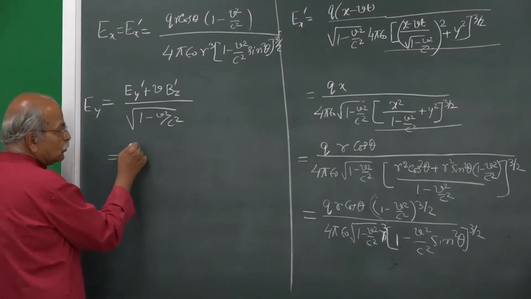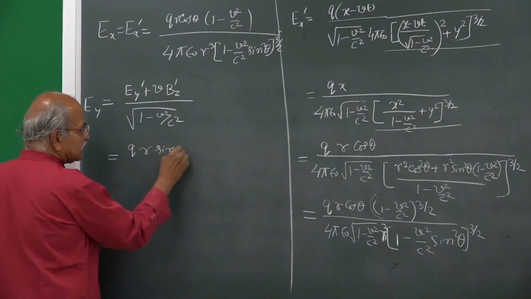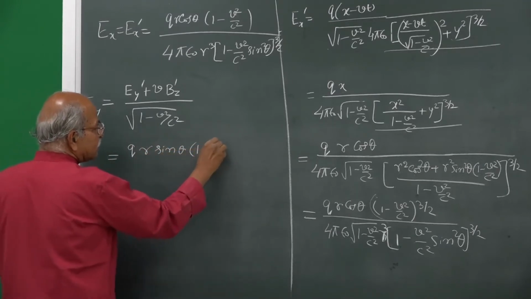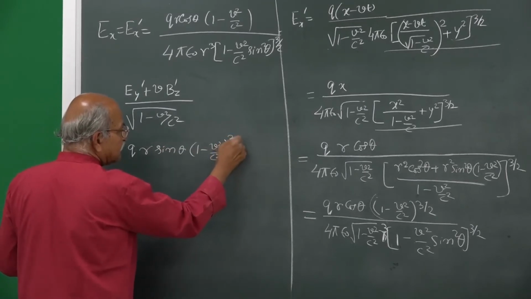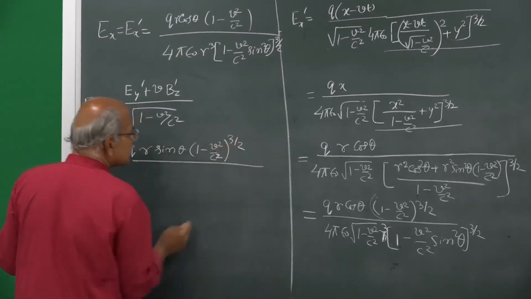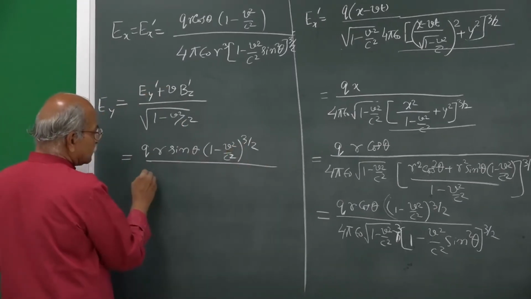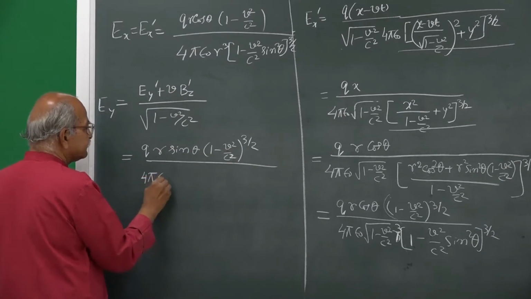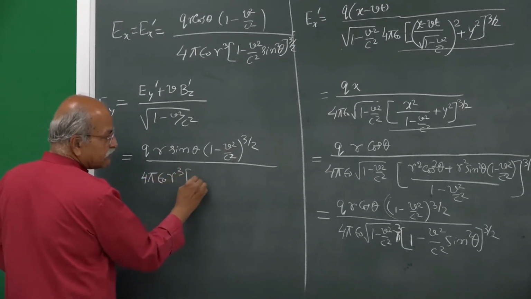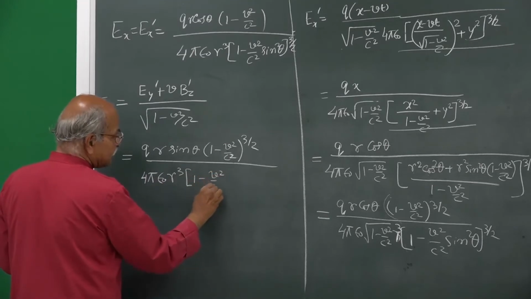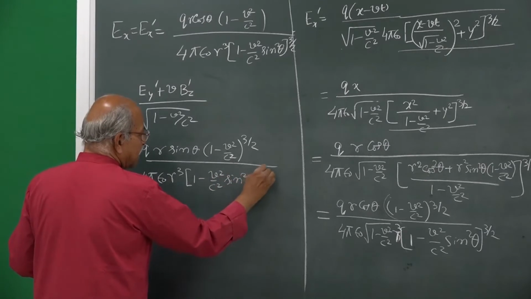So, you have q r sin theta (1 minus V square by C square) power 3 by 2 divided by, I am only writing this Ey prime first, 4 pi epsilon naught r cube and (1 minus V square by C square sin square theta) power 3 by 2.